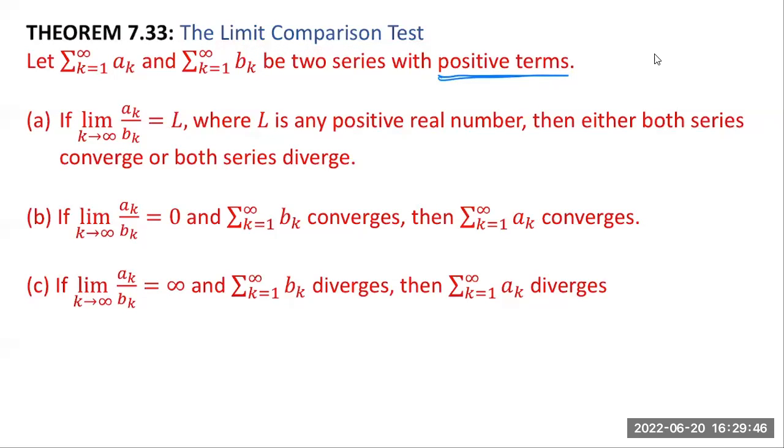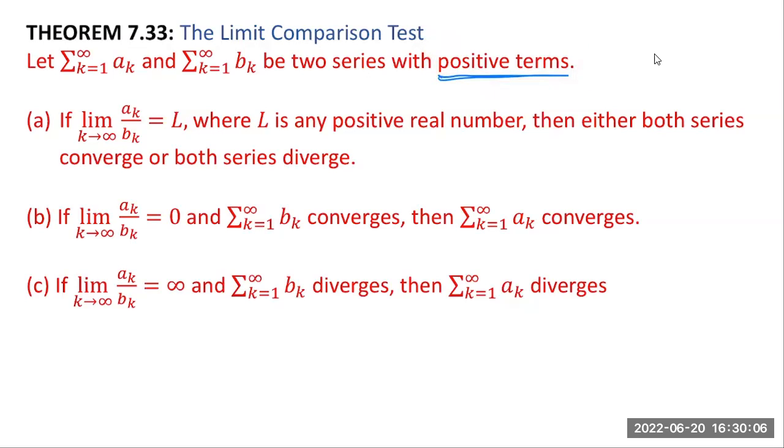Here is what the theorem tells us. Theorem 7.33. Let the sum k goes from 1 to infinity of AK and the sum k goes from 1 to infinity of BK be two series with positive terms. Those hypotheses are very important.